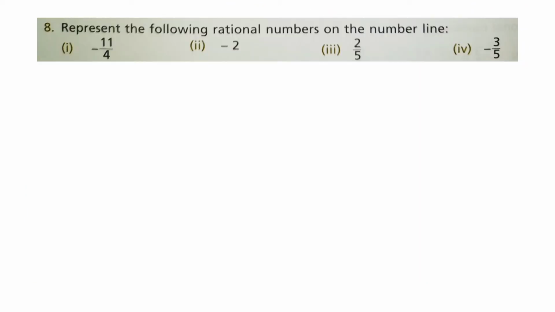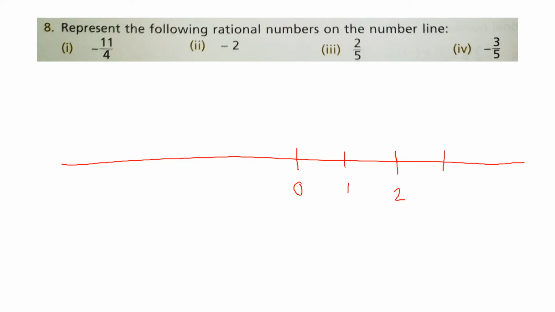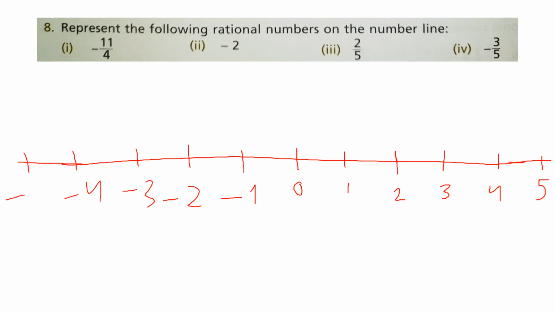Number line. I'm sure that you know what a number line is. A number line is a line on which we write numbers at equal intervals: 0, 1, 2, 3, 4, 5 and so on, and on the left side we write negative numbers: minus 3, minus 4 and minus 5.